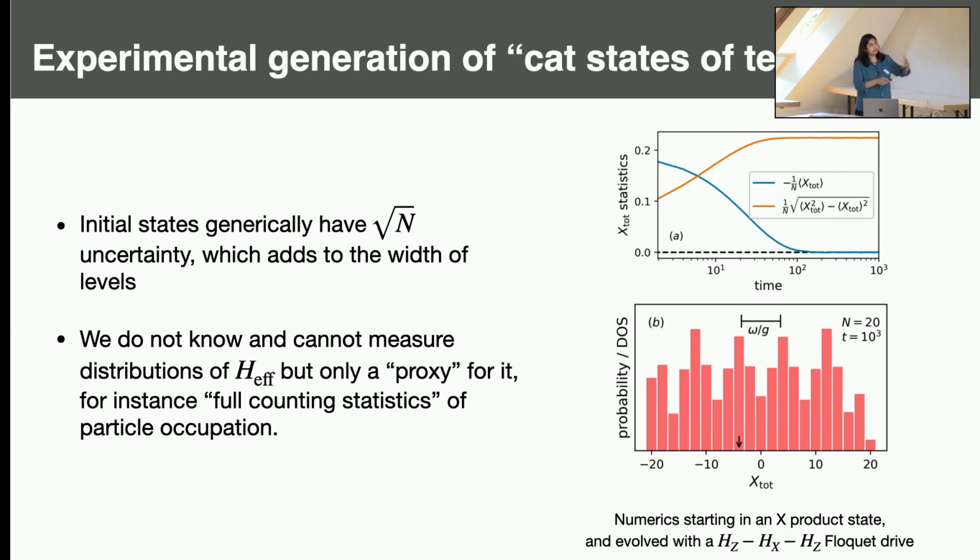And by looking, for instance, at some total field, and then by looking at the full counting statistics or the full distribution of this quantity that you're measuring, which you can do for something like a field, what you can find is that if you start with just some simple product state, in time, that product state will evolve to, again, occupy this full ladder of different energies, which are superposition states or cat states between different temperatures, and this can be experimentally seen and measured.